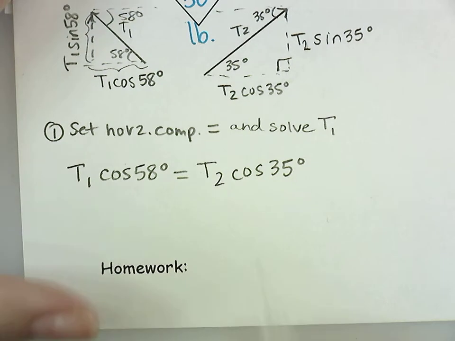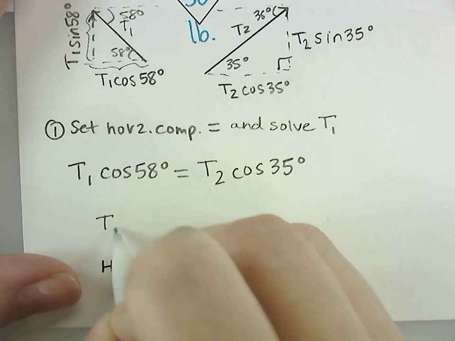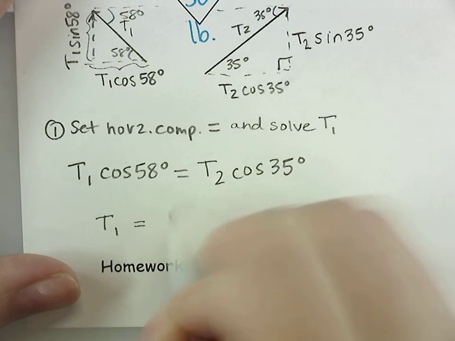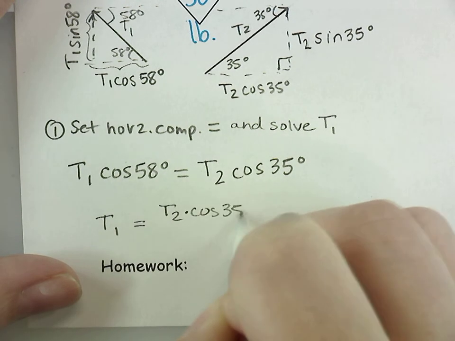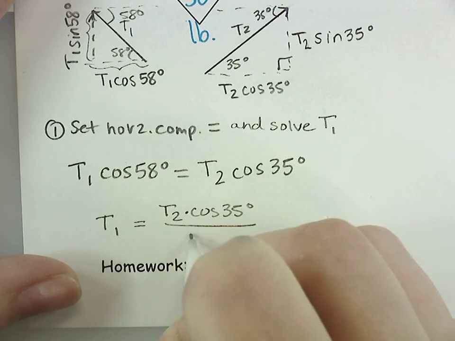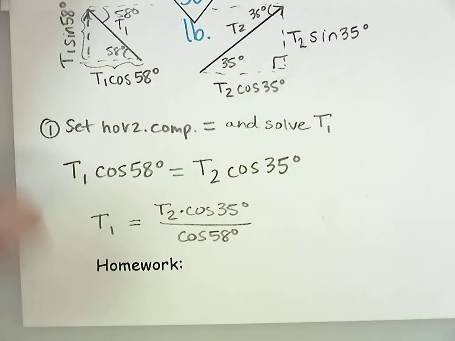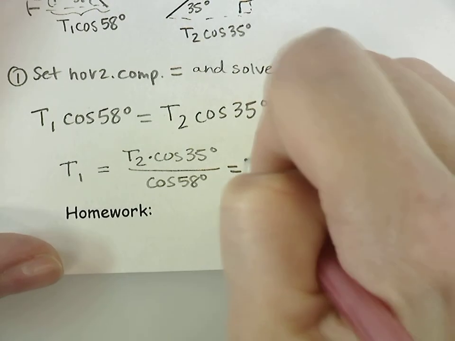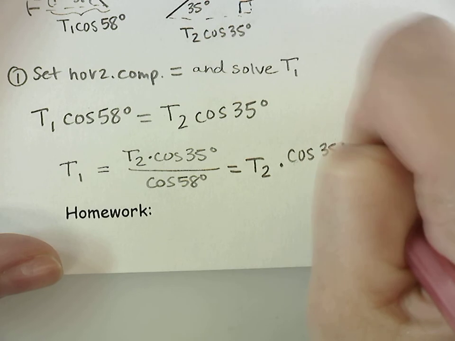If I solve for t sub 1, how do I move the cosine of 58 degrees over? I divide it. So I'm going to have t sub 2 cosine of 35 degrees divided by cosine of 58 degrees. If you want, you could also rewrite it like this: t sub 2 times the cosine of 35 degrees over the cosine of 58 degrees.